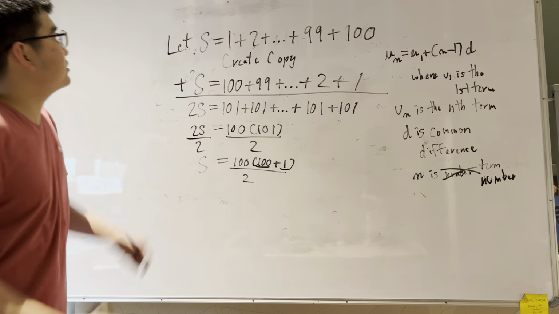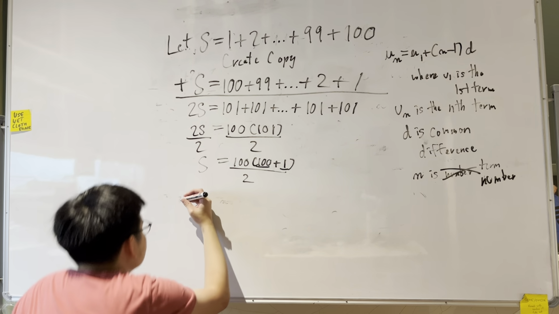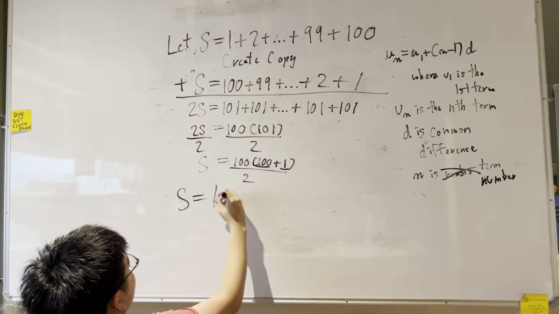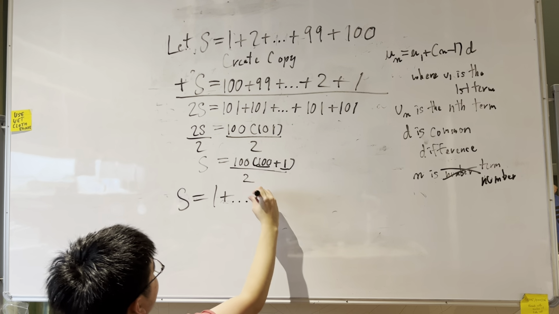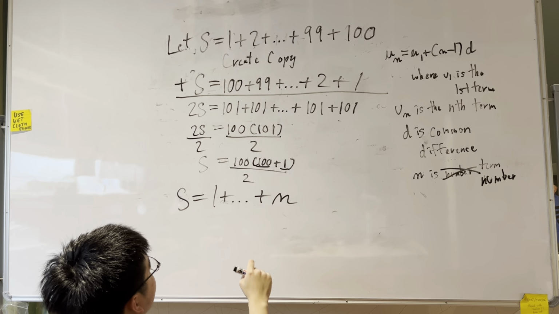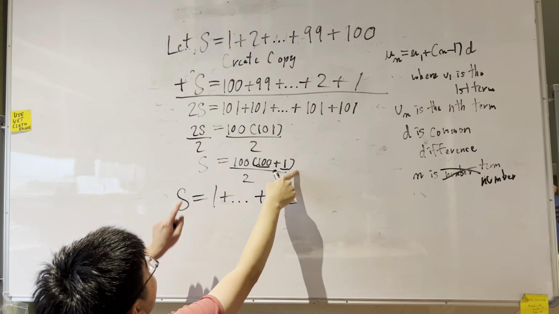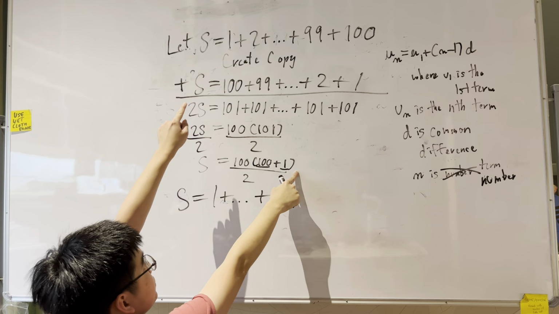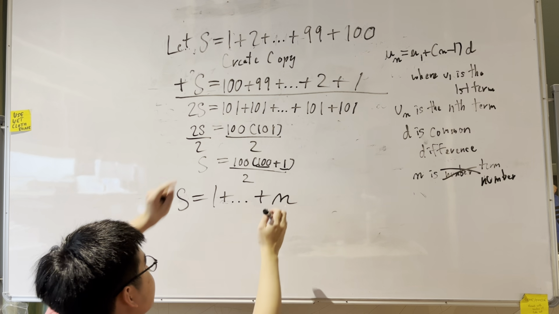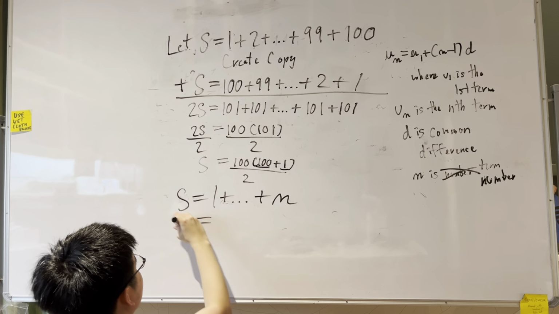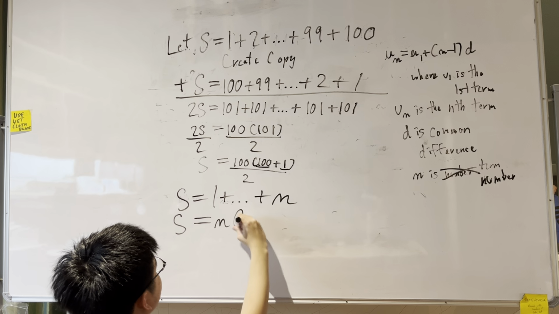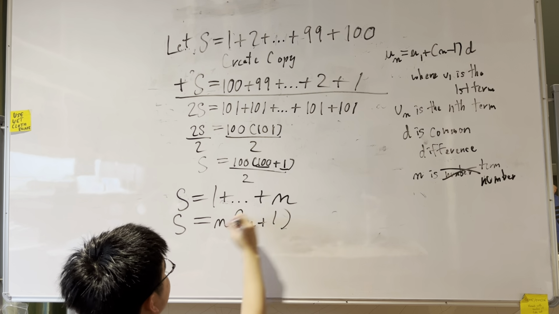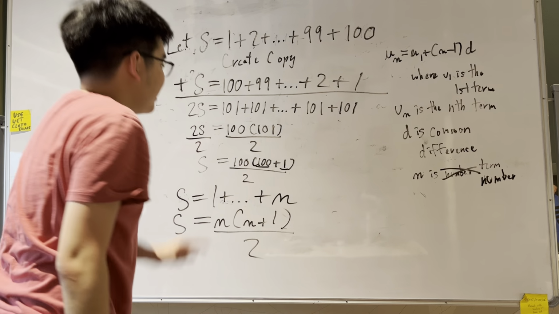So then this same result generalizes for S equals 1 plus dot dot dot plus n. And since 1 is the first term of that arithmetic sequence and n is the last term of that arithmetic sequence, I can rewrite this as S equals n times n plus 1 divided by 2. Do you see?